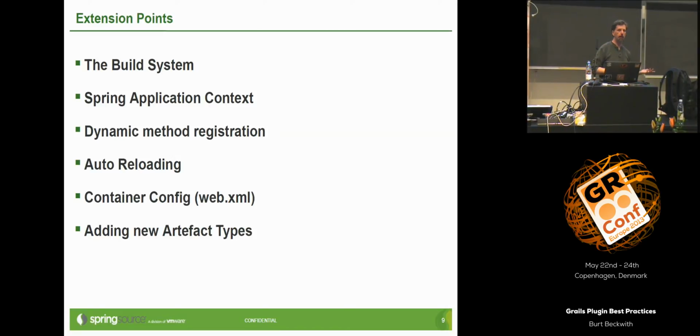The Spring Security plugin adds in some scripts to create the domain classes. So adding in Gant scripts, although you can create those in an application, it's much more common to see those added from a plugin. You can create beans.